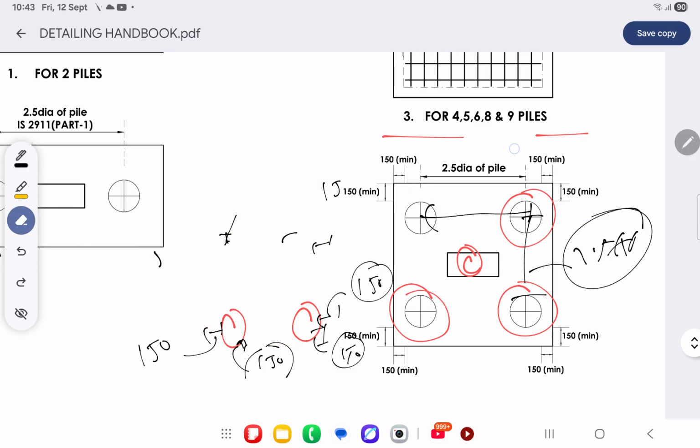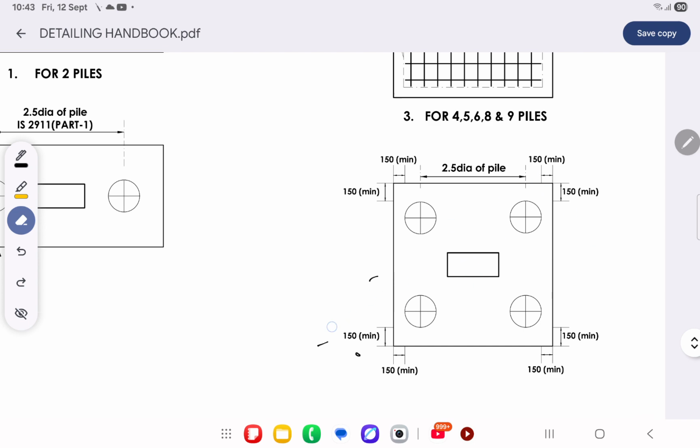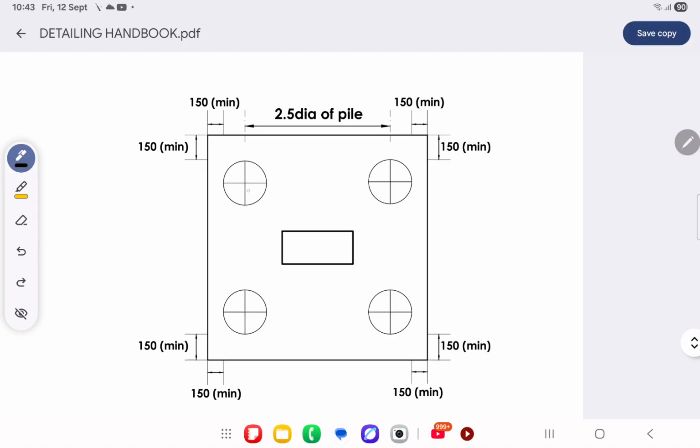So this is for the four pile. We have seen that the first one is two piles and the second one is four piles. I hope you got it. See here, this is the pile, pile, pile, pile, and this is the column. So this distance should be 2.5 into the diameter of the pile.